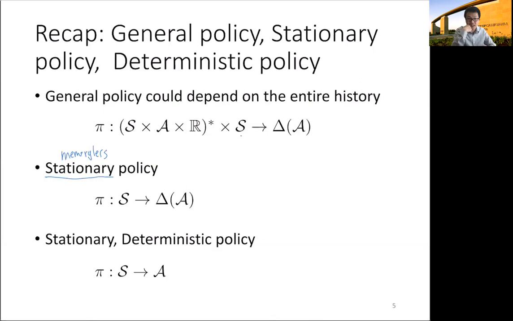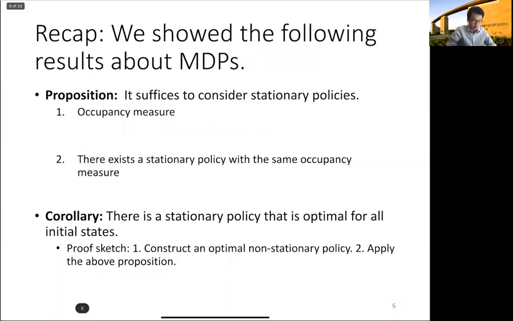Since they are independent of things that happened before, what we proved last time is essentially to leverage the Markov property and show that it suffices to consider only the stationary policies. That's what we spent most of our time on.